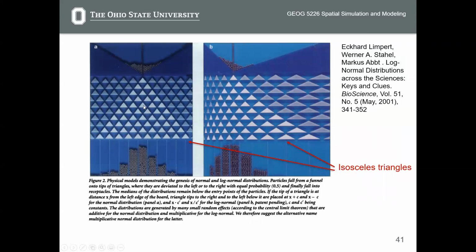This is the central line of this board, and each steel ball will drop here, encounter the first triangle. It could go left or right. The probability is 50-50. And then encounter the next triangle, left or right, 50-50, and repeat this process until that ball reaches the end of this board and drops into one of these small boxes below the Galton board.